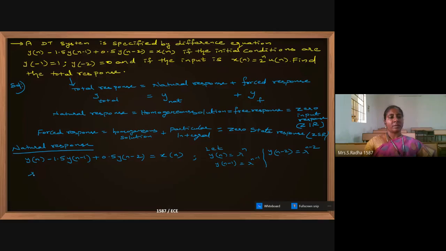So I will write lambda^n - 1.5 lambda^(n-1) + 0.5 lambda^(n-2) = 0, since the input is 0 for the natural response. Taking lambda^(n-2) common in all the terms, I will have lambda^(n-2) times (lambda^2 - 1.5 lambda + 0.5) = 0.